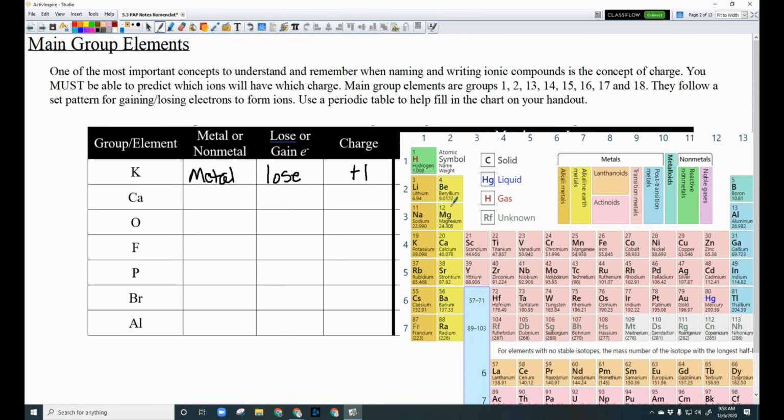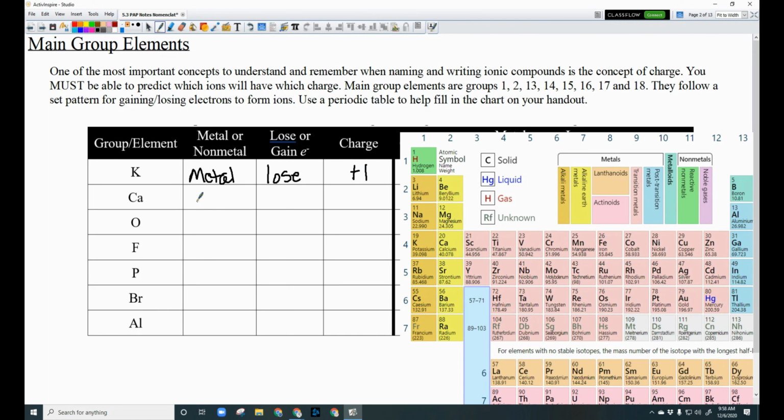So for example, potassium has 19 electrons and 19 protons. And when that 1 electron leaves, it still has 19 protons, but now it only has 18 electrons. So it has a proton left over that's not canceled out by an electron. So that creates a +1 charge.